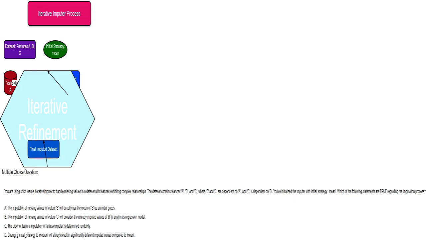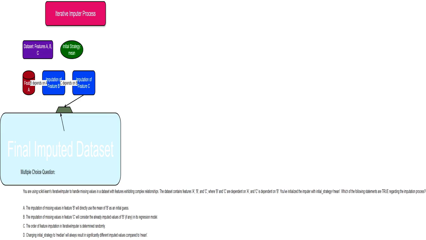It starts with the mean values as initial guesses and continually refines these guesses, using improved estimations from the previous iteration of the process. This iterative improvement continues until a convergence criterion is met. After many iterations, IterativeImputer produces a completed dataset with no more missing values, all thanks to the power of iterative refinement.